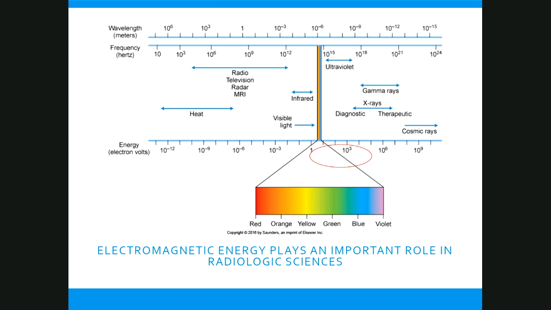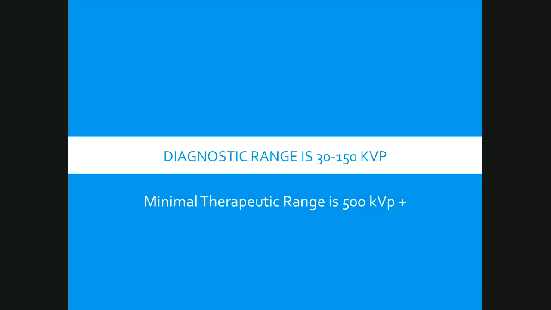All right, now the difference between diagnostic and therapeutic levels, the diagnostic range of x-rays is 30 to 150 kVp, and we'll talk about that more later on, but that stands for kilo voltage peak. Kilo, K-I-L-O, voltage peak.